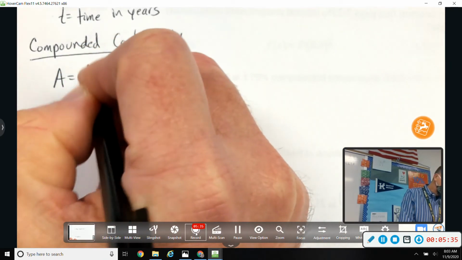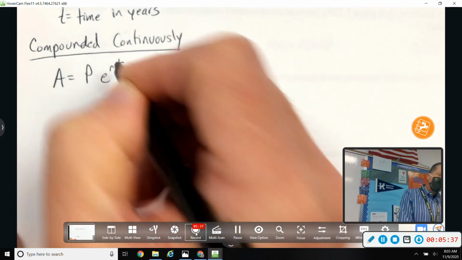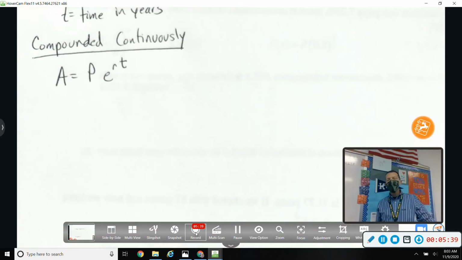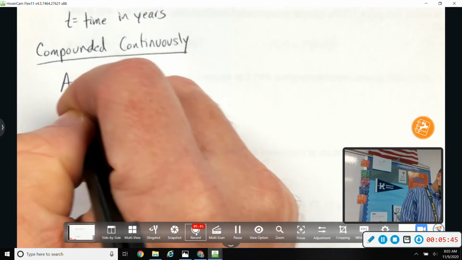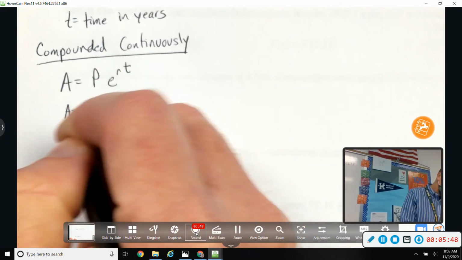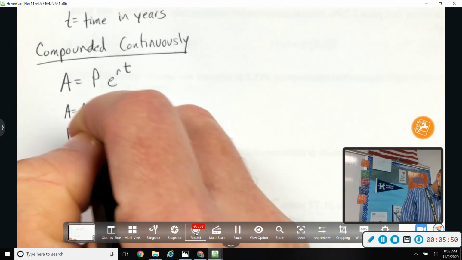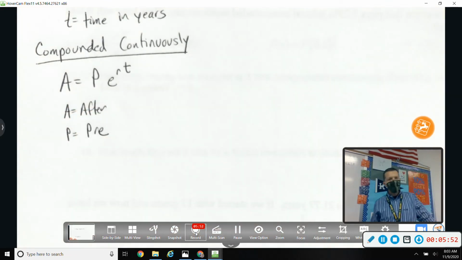A equals P e to the RT. P times e to the RT. Yep, the PERT formula. We can still say A is the after amount, P is the pre amount. So the before amount and the after amount, what you start with versus what you end with.